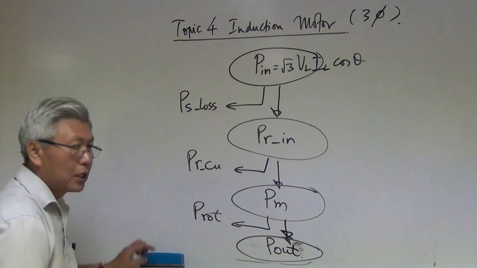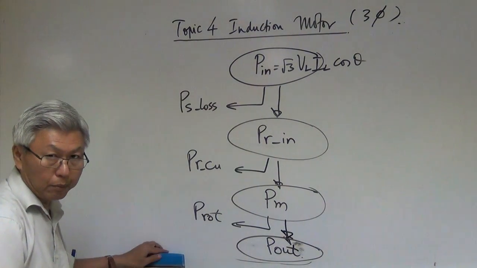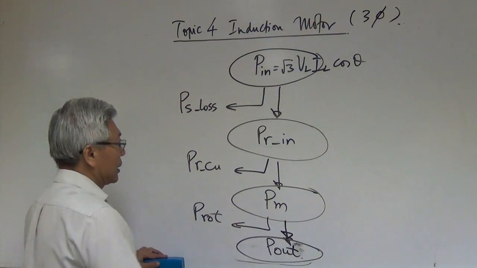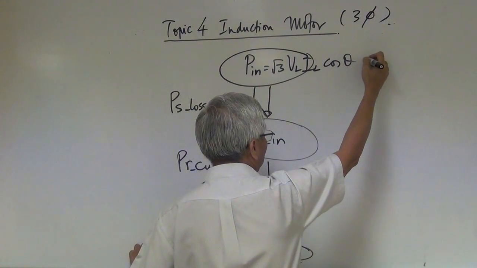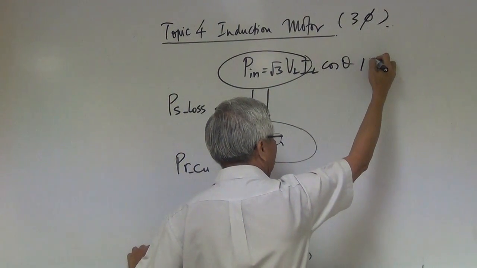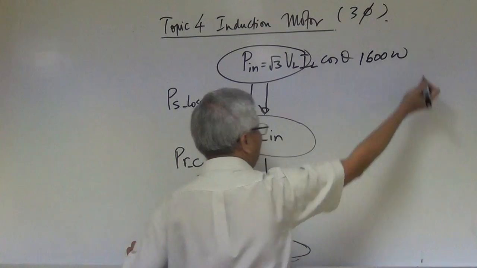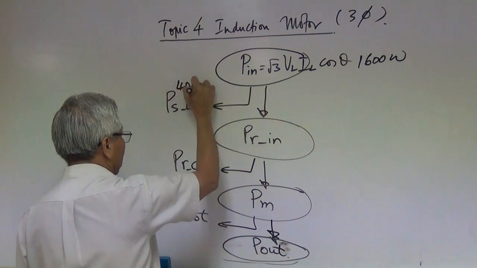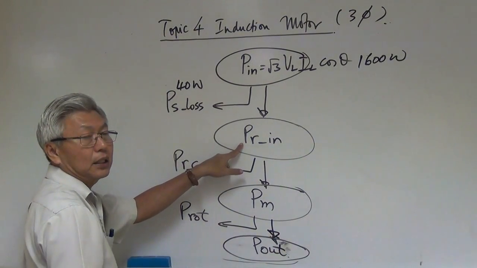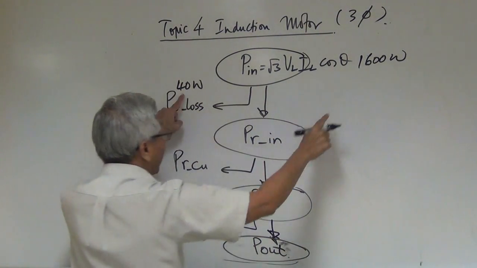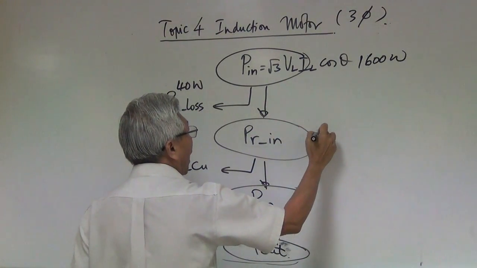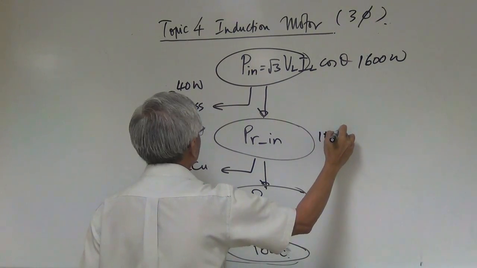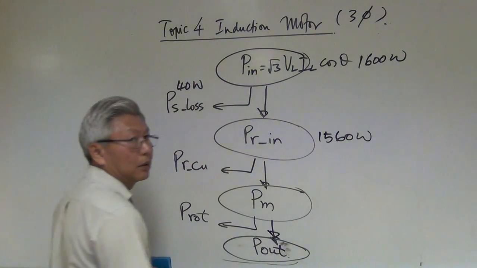Alright? So now if you know the power flow diagram, let's put numbers. If I say this is equal to 1600 watt, and this one is equal to 40 watt. How many watt is here? 1600 minus 40, that will become 1560 watt. Right?